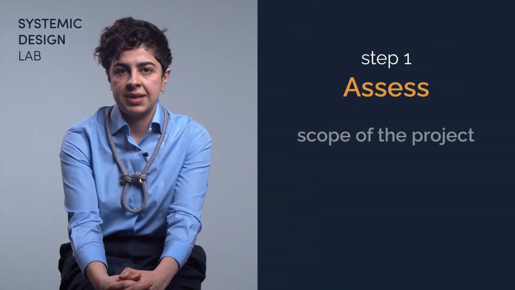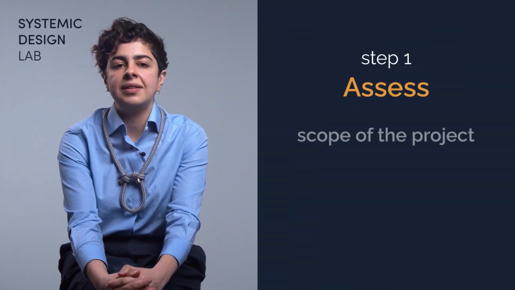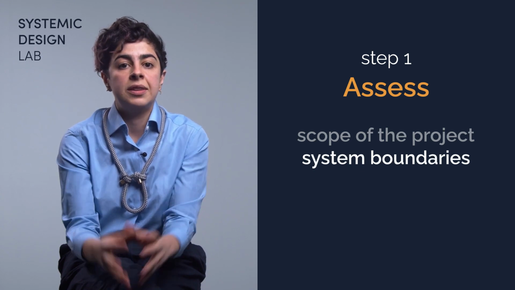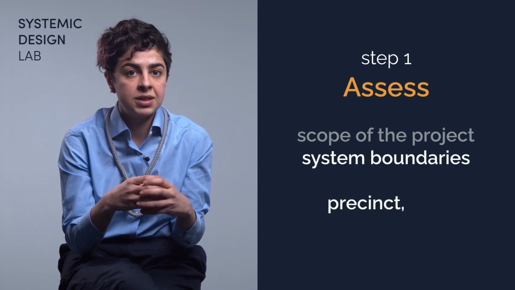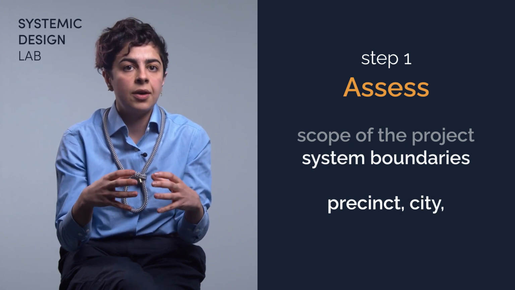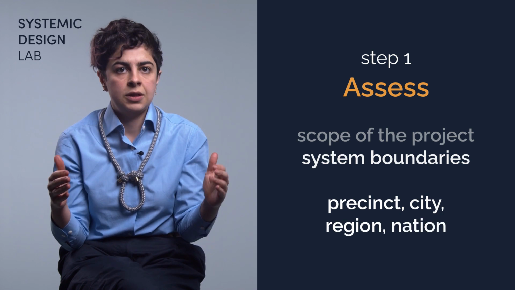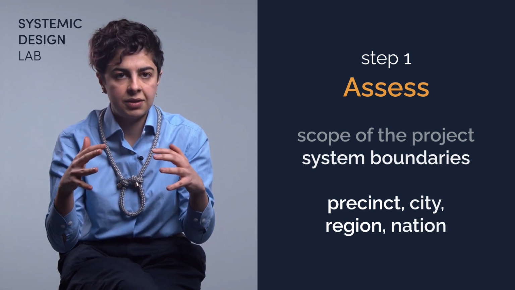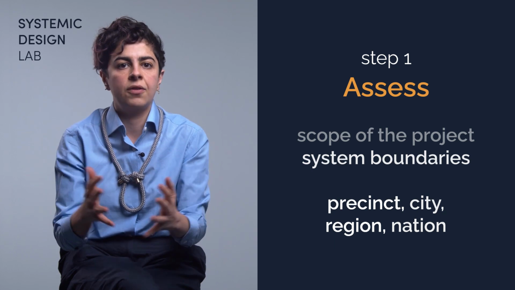Our first step, as you may know, is the assessment, where we're going to set the system boundaries for this value chain. The system boundaries are going to be the precinct where this value chain is set, as well as the city or the town, the region, the nation.